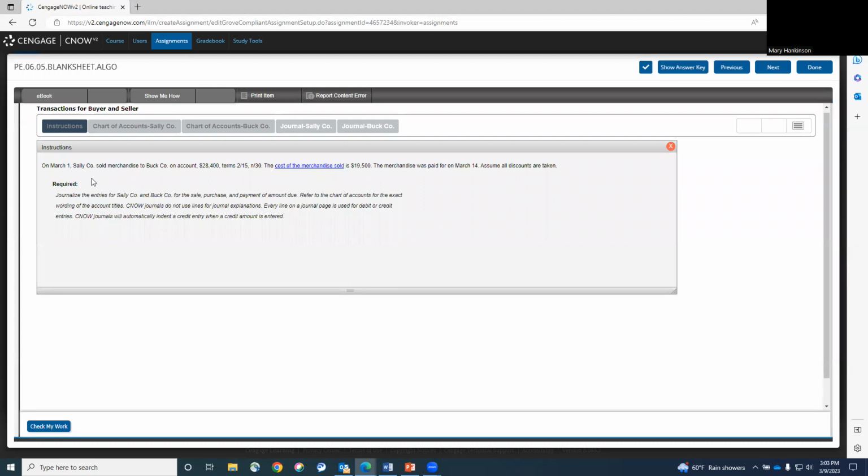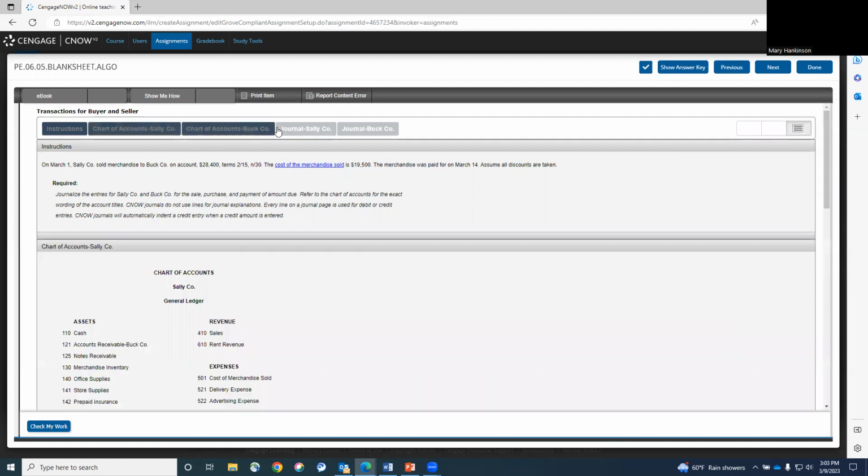All right. So now let's talk about some transactions for a buyer and seller. The instructions tell us that on March 1st, Sally Company sold merchandise to Buck Company on account for $28,400 with credit terms. So first, let's look at the credit terms.